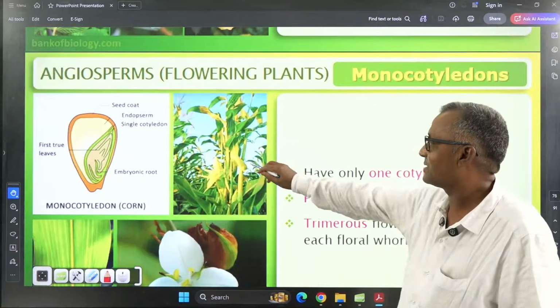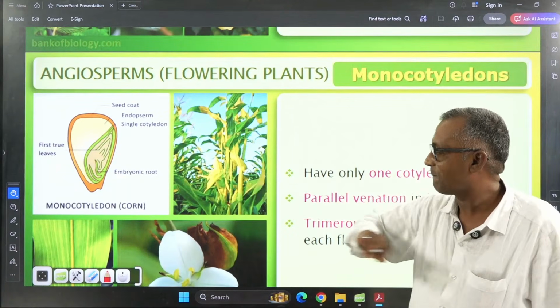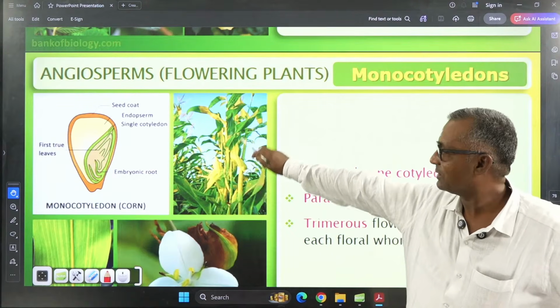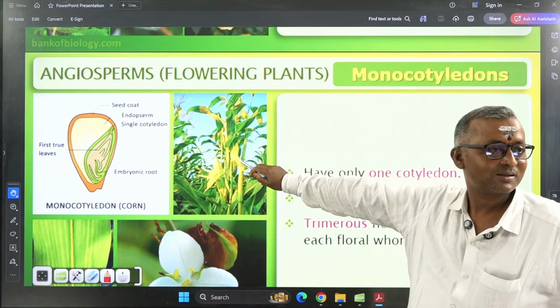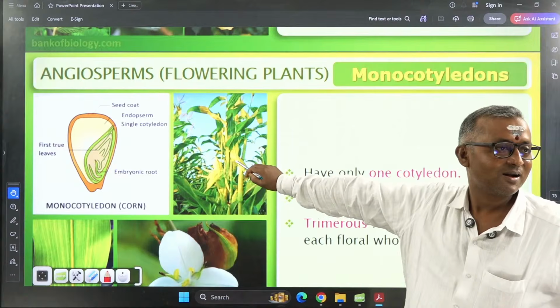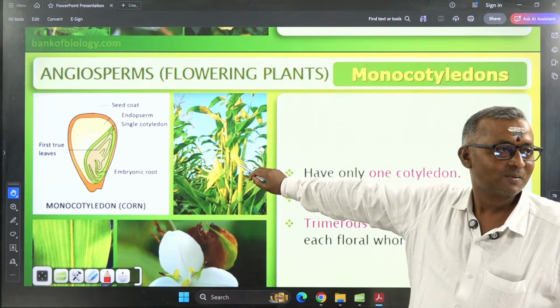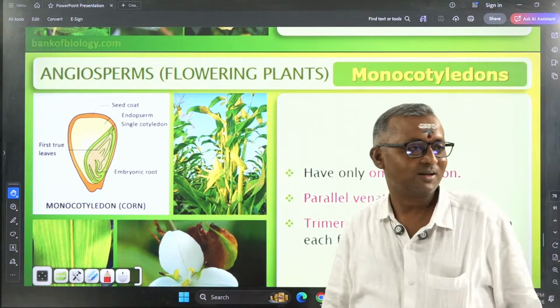And do you know what this plant is? Yes, Ravi Prasad, you are right.